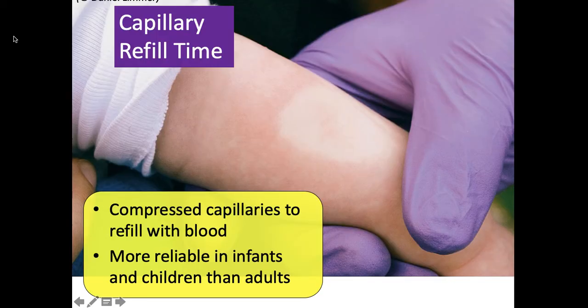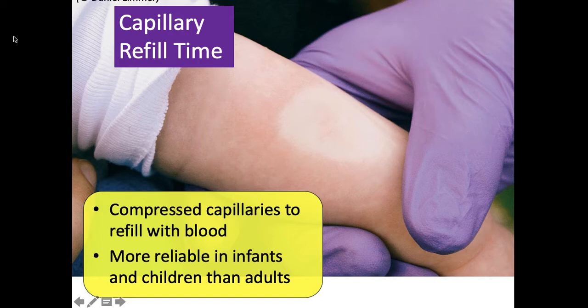You can kind of see from this picture right here, this person pushed down on this child's forearm, it looks like. And you can see how it blanched that white area. And what they're counting right now is how long it takes for that white area to disappear, to return to pink again. On children and adult males, cap refill time should be less than 2 seconds.